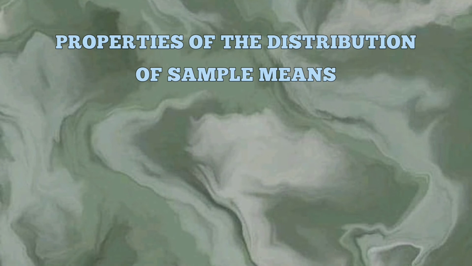When all possible samples of a specific size are selected with replacement from a population, the distribution of the sample means for a variable has two important properties. But what are these properties? Number 1.